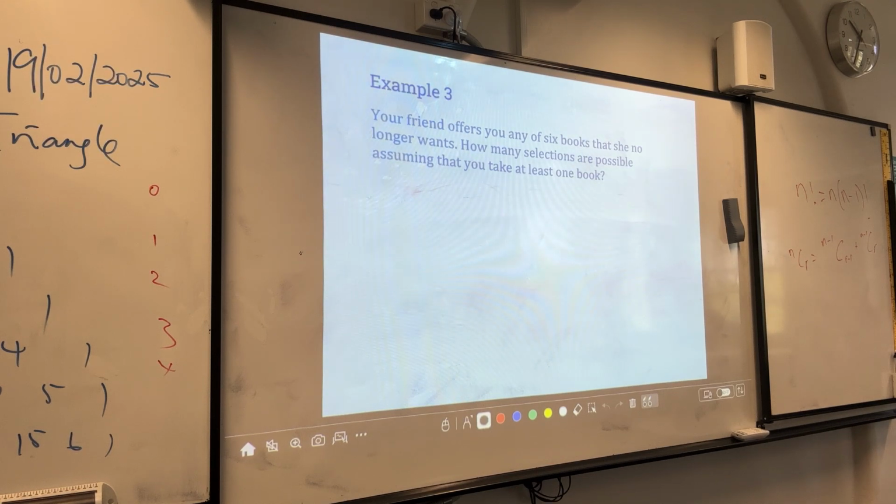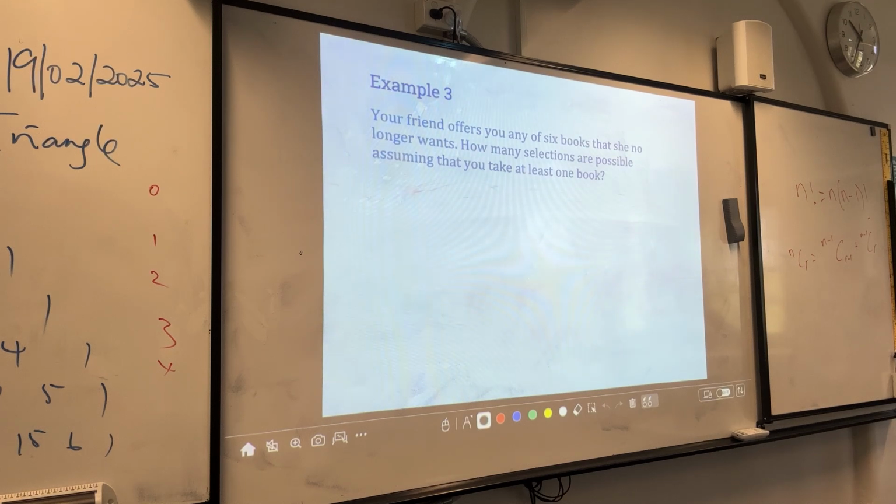The question said, you take at least one book. How do you do that? Use the idea of complements. You think about how many subsets you could have, then take away the null set.